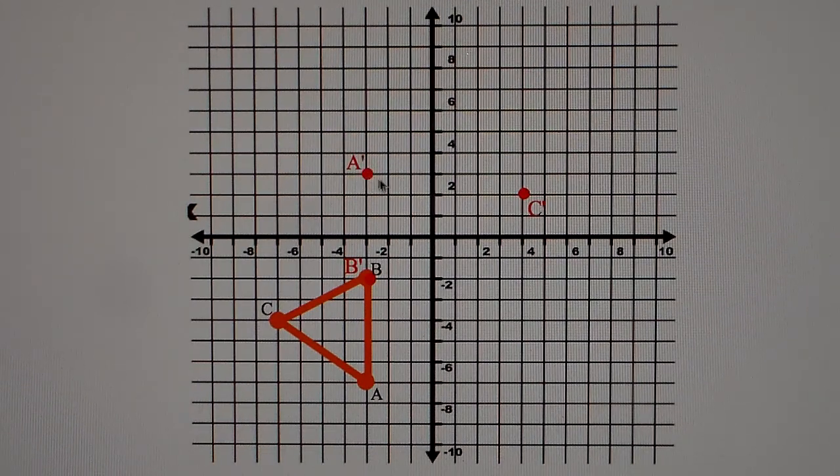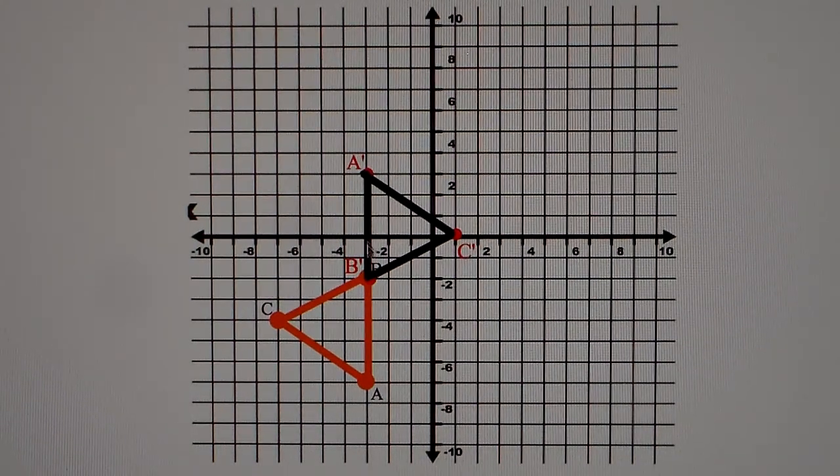We're just doing the reverse of that first step. 3 to the left, 2 down. And that's the location of our C prime. I'll connect them up so it looks nice and pretty. You could compare the 2 triangles. So triangle ABC is in orange, and the black triangle is A prime, B prime, C prime.